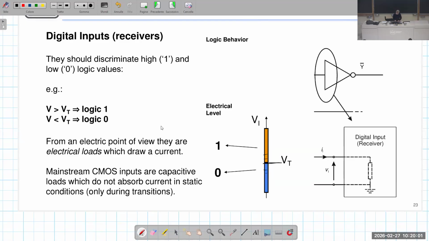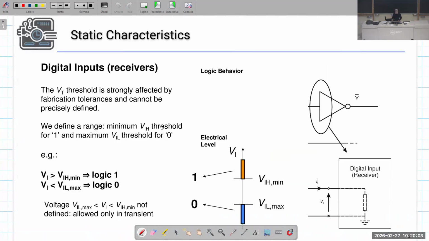For this reason, instead of defining a single threshold that discriminates voltages recognized as high logic level from voltages recognized as low logic level, typically two values are given by the manufacturer of the digital gate.